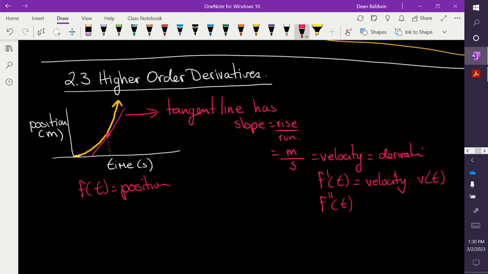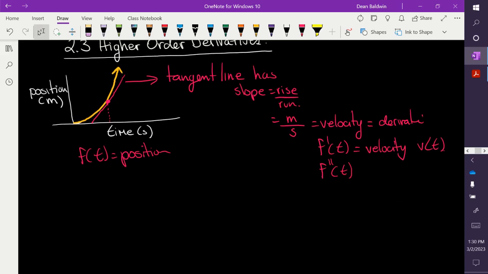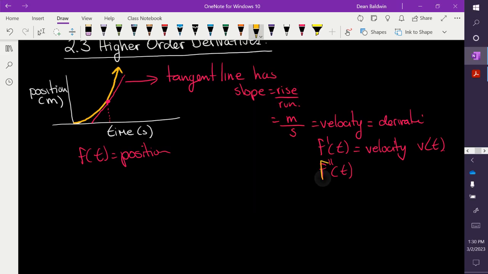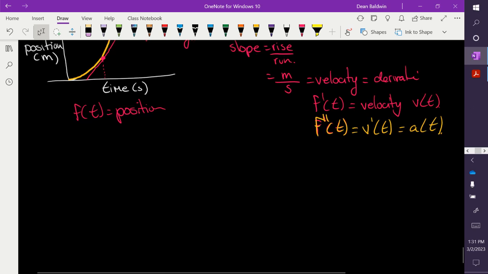The second derivative of the position function, we call that f double prime of t. F two little primes. Maybe I'll do this in a different color so we can see it. F double prime of t, which is the derivative of the velocity function, v prime, is equal to the acceleration, a of t. So the second derivative represents acceleration. Those are the most common ones, but there is more. You can just keep doing it.